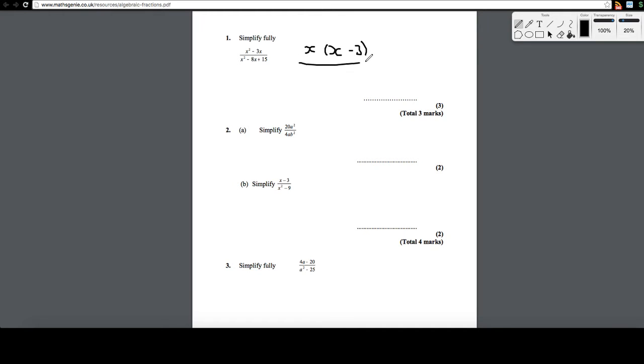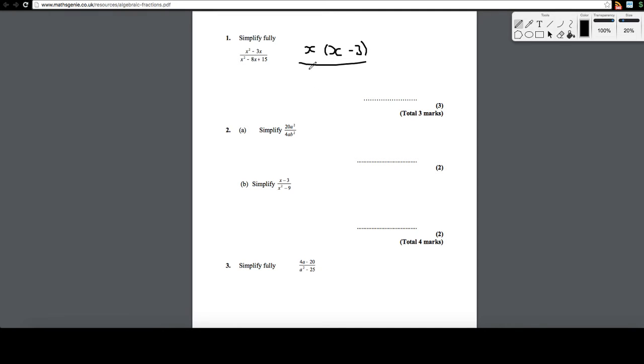So on the top we have x, and then in brackets x, so x times x squared, and then x times minus 3 is minus 3x. And then the bottom we need to work out what times to make 15 and adds to make 8. It's obviously going to be 3 times 5, but we're going to have a double bracket.